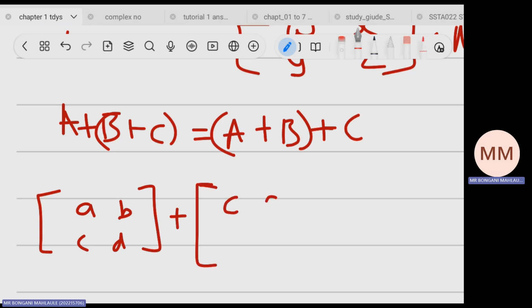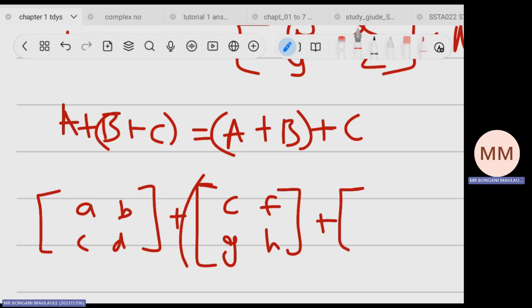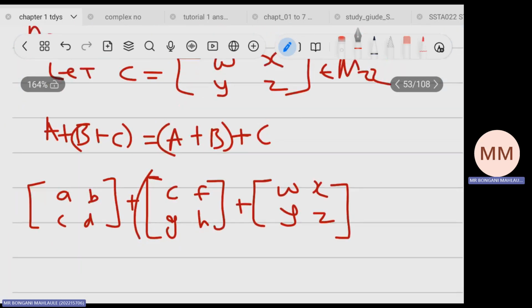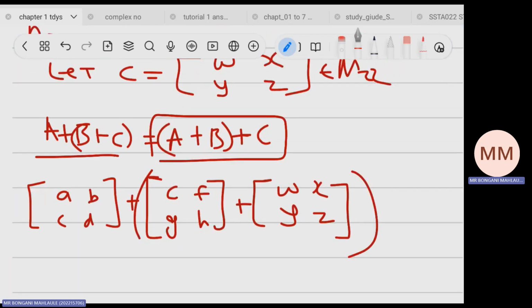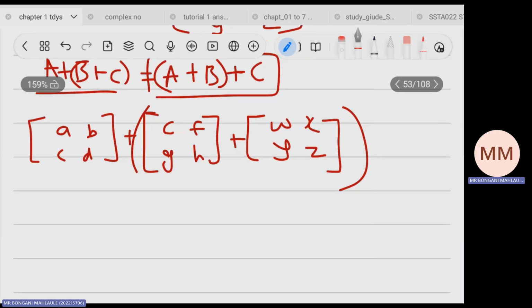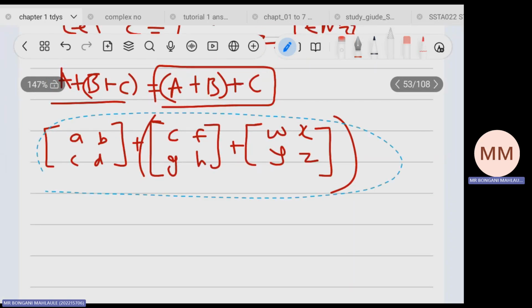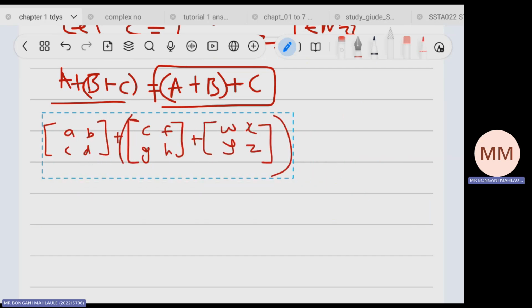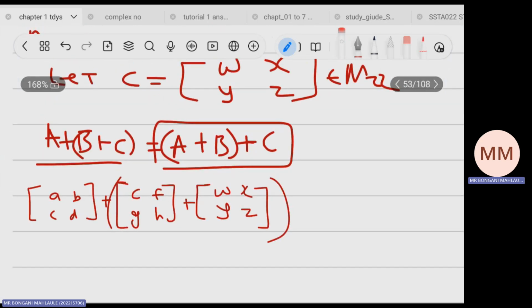B is e, f, g, h. This was my B. Then plus C is the one that I said let it be like this. So here we want to check if the left hand side is going to be equal to the right hand side. In the meantime, this is our left hand side.